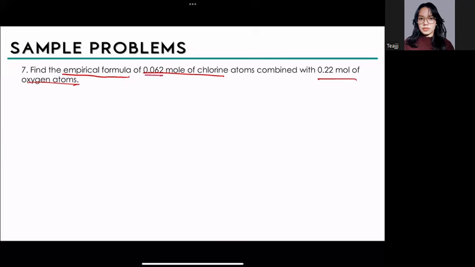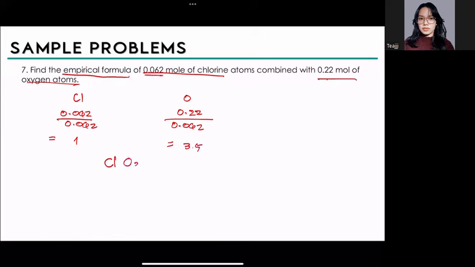0.062 is smaller than 0.22. So, what's going to happen is 0.062 divided by 0.062. The other one, that's oxygen. So 0.22 divided by 0.062. So this is equal to 1. So you have 1 Cl atom, and then what goes with it would be, this is 3.5.